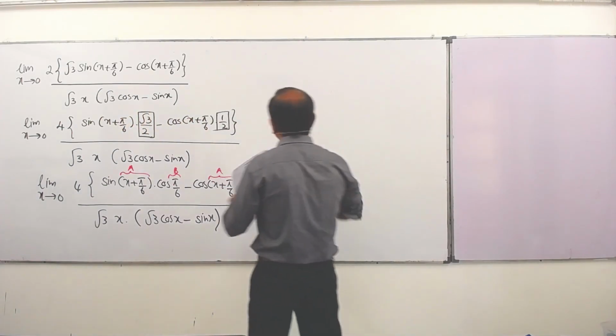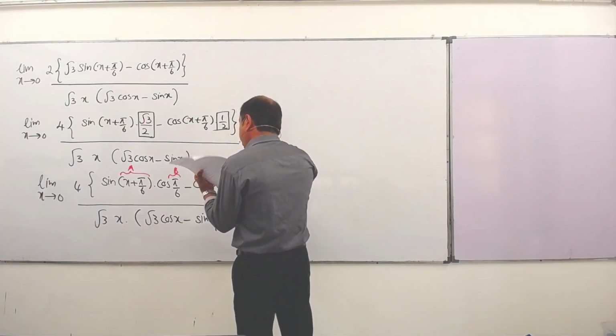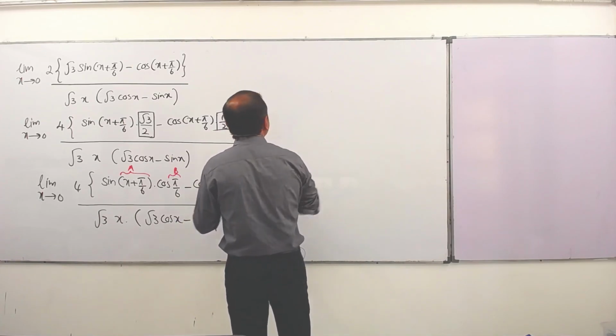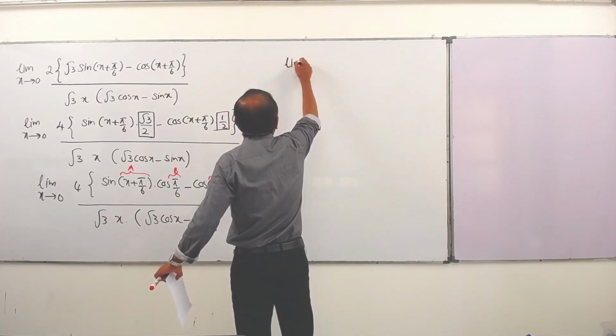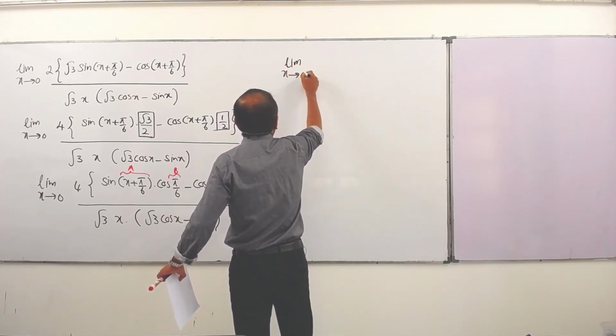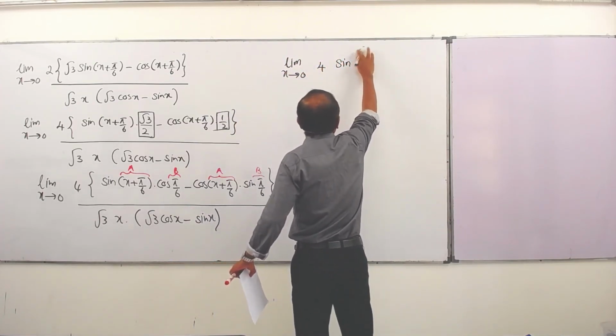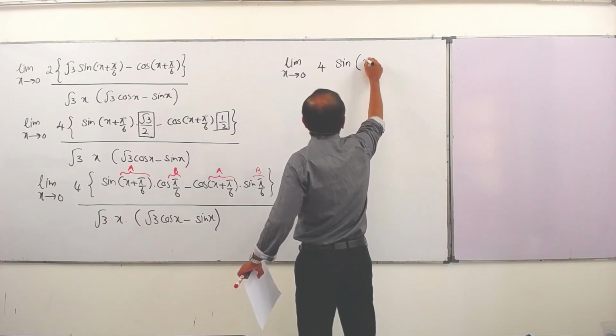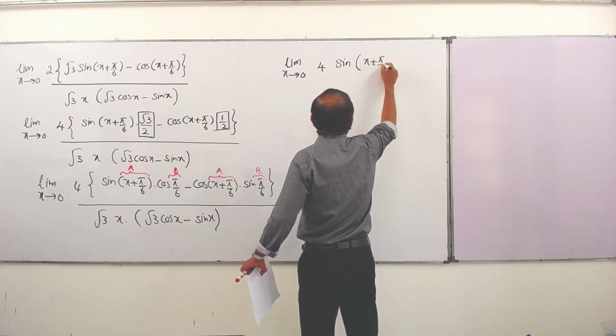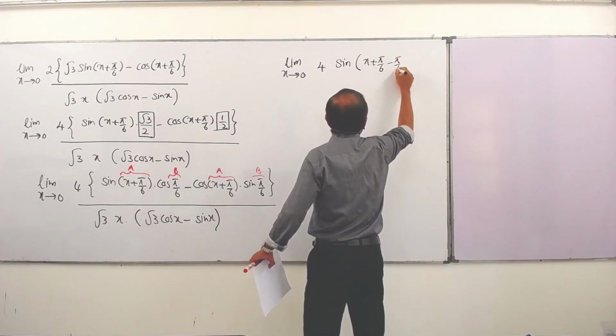Then I can write it this way: limit x going to 0 of 4 times sin(A minus B), where A is x plus 5π/6 minus π/6. Okay.